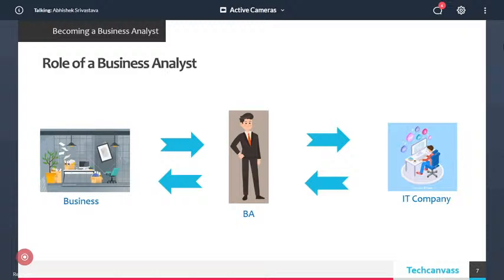Once the software is ready, the business analyst validates it and checks whether it is what the customer was looking for. Then it goes to the customer for testing. During this entire cycle, the business analyst is the interface between the business, that is the customer, and the development team.